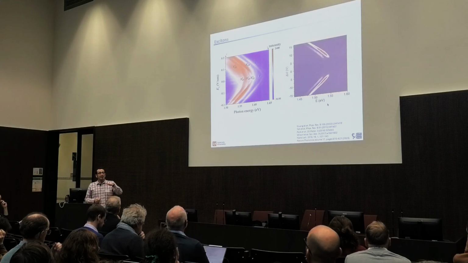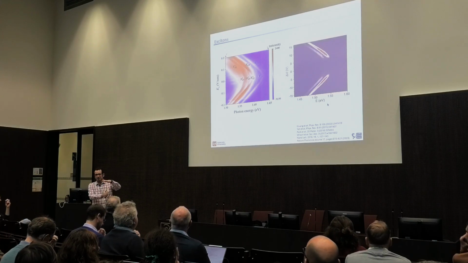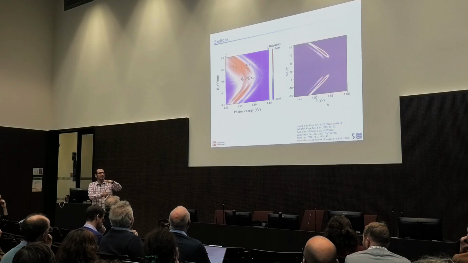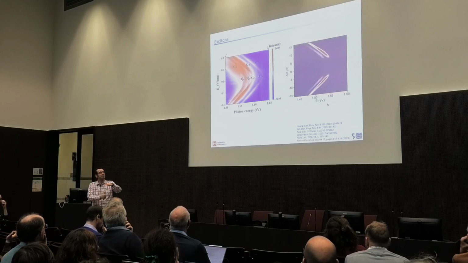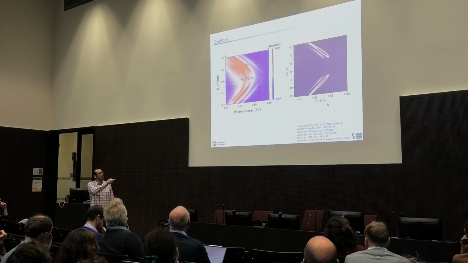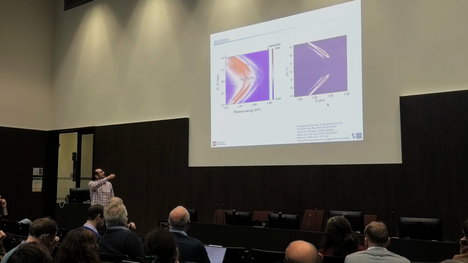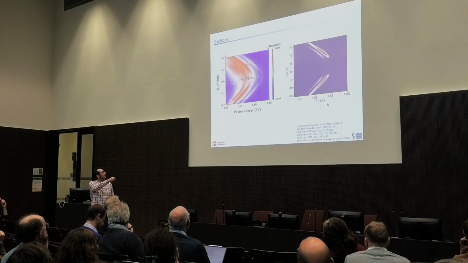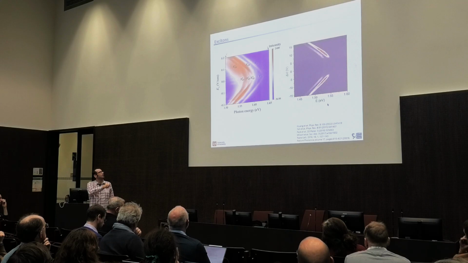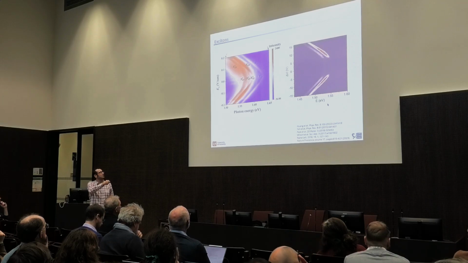But at the same time, you apply a field along the out-of-plane direction of this material, and you manipulate the energy of these excitons. And here, as you can see, you manipulate the energy of these different excitons.